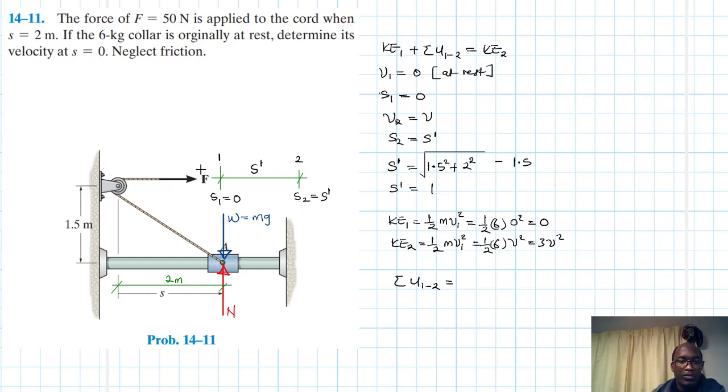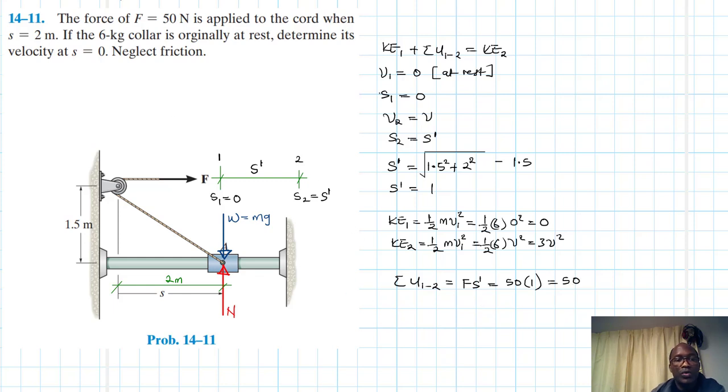So when you look at the force here, F is in this direction and the displacement is in this direction. Therefore, we have positive work. So this is equal to F times S prime, which is 50 times 1, and this is equal to 50 joules.